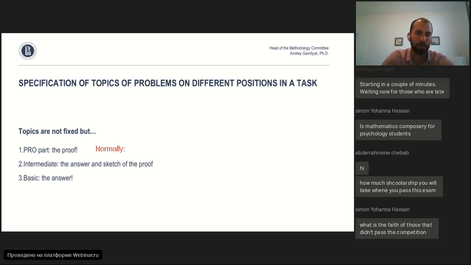Intermediate part normally has geometry and combinatorics.